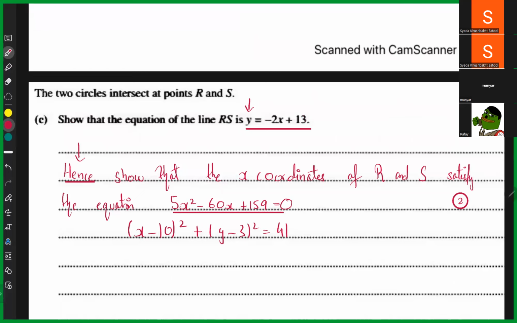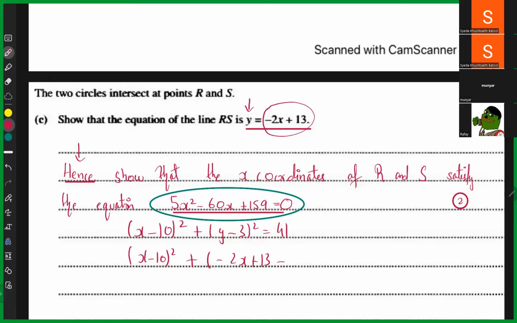Now, what I need to get only has x in it, so somehow I need to get rid of y. So I'll write it this way: x minus 10 whole squared plus, instead of y, I'll use this thing, minus 2x plus 13, minus 3 squared, equals 41.